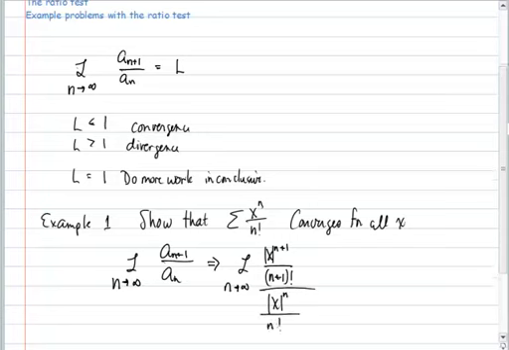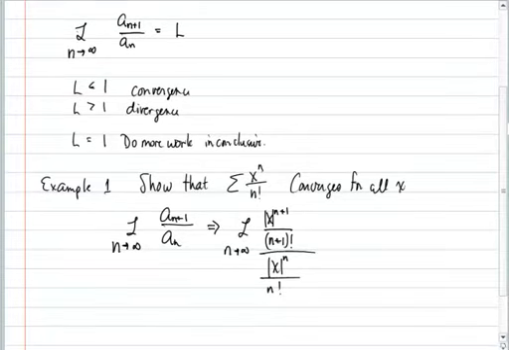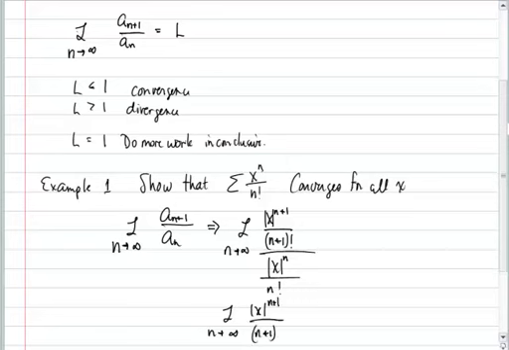Now we have a compound fraction, and what we want to do is change this into multiplying the numerator by the reciprocal of the denominator. So we'll just rewrite this as the absolute value, and we'll multiply by n factorial in the numerator over x to the n in the denominator.